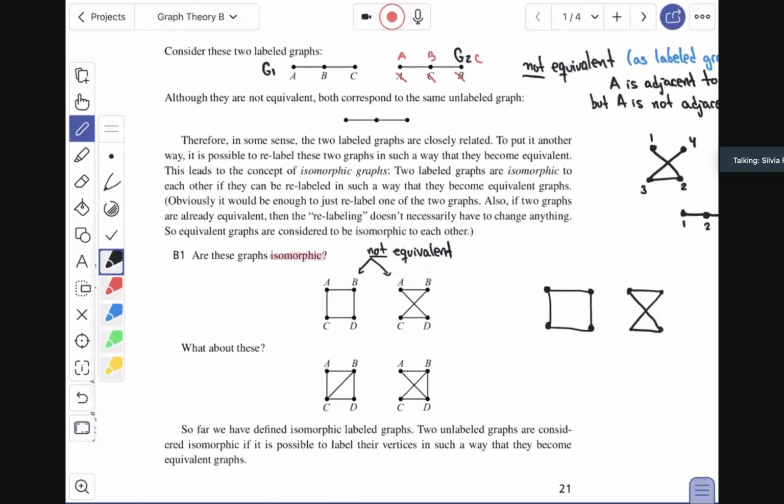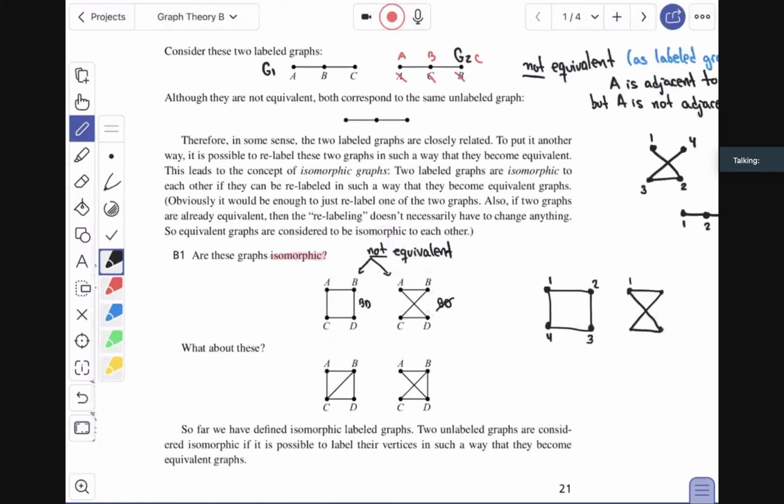Because here I have BB and here I don't have BB. Yeah? So they're not equivalent, but they are isomorphic. And to show that they're isomorphic, you can just relabel one of them or just label both of them so that they're equivalent. Again, I prefer to just start with new labels so I don't get confused with the A's and the B's and what I need to change. But you can do that if you want.